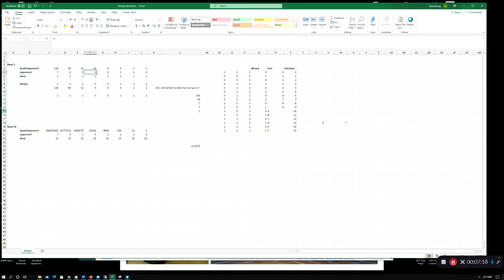I was just talking to Professor Trees this morning about what it means to show the work. We're basically writing a program on how to do the conversion by putting all the logic here in Excel.